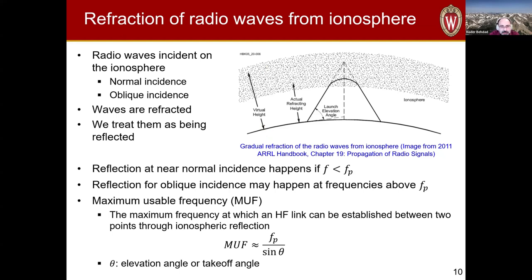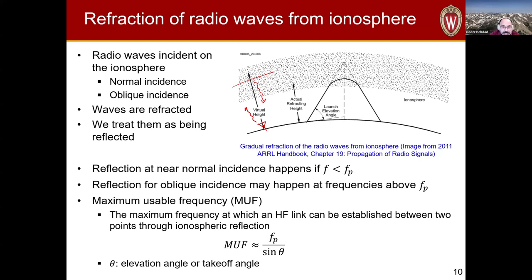Imagine that, for example, I have an antenna here, and I'm launching an electromagnetic wave vertically up towards the ionosphere. Depending on the frequency of this wave, if the frequency of the wave is below the plasma frequency, then I get primarily a reflection of the wave back. So if I launch this wave directly, vertically up there, and the frequency of the wave is below the plasma frequency of the layer, then the wave gets reflected back.